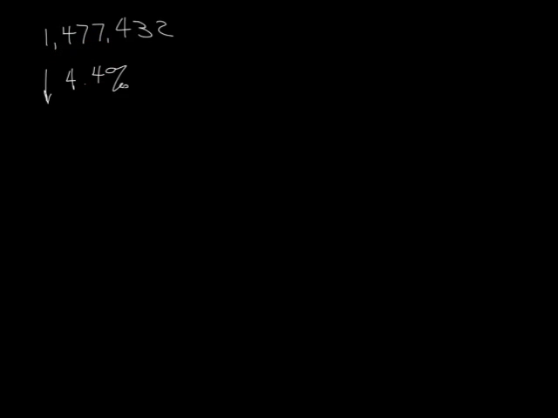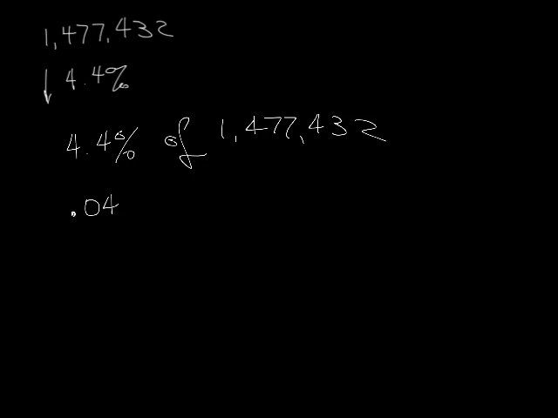So in order to do that, I have to take 4.4% of 1,477,432. So change this to a decimal. So I move the decimal place over 2 to the left, and I'm going to multiply it because of the "of" by 1,477,432.